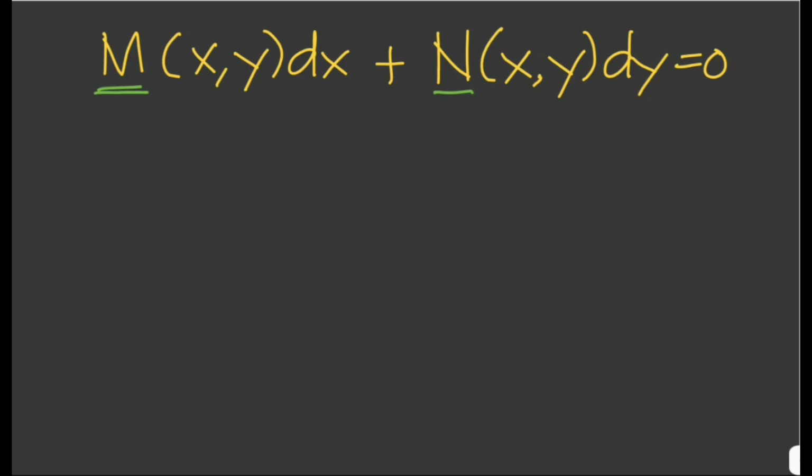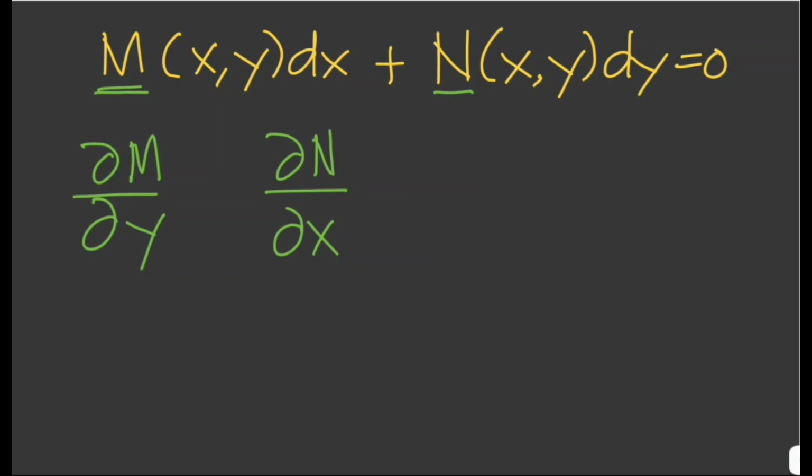All we have to do is get the partial derivative of function M with respect to y, and also get the partial derivative of function N with respect to x. If these two are equal, then the equation is an exact differential equation, and now we can proceed with the calculation and solve for the solution.